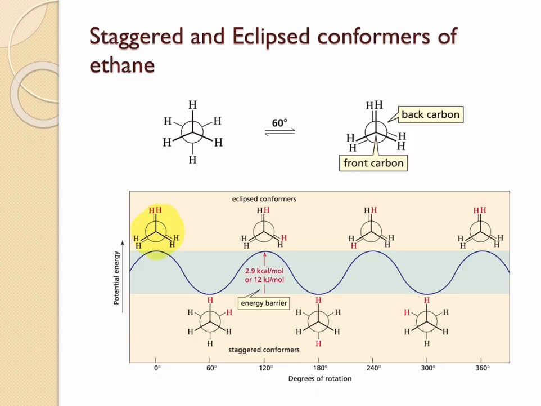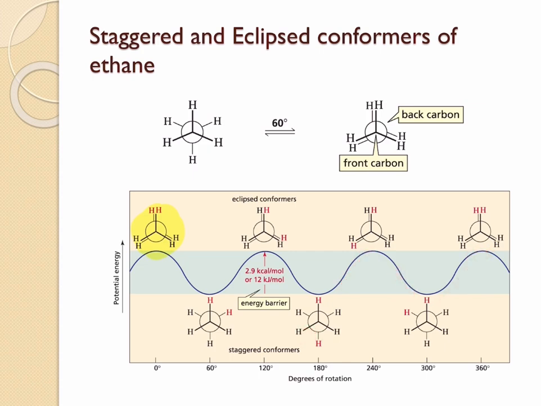And then when we rotate another 60 degrees, this hydrogen is going to be behind the hydrogen in the front carbon. Right, so it's going to be eclipsed again, and then when we rotate another 60 degrees, this is going to be staggered, and then another 60 degrees that will be eclipsed, and then staggered, and then finally eclipsed.